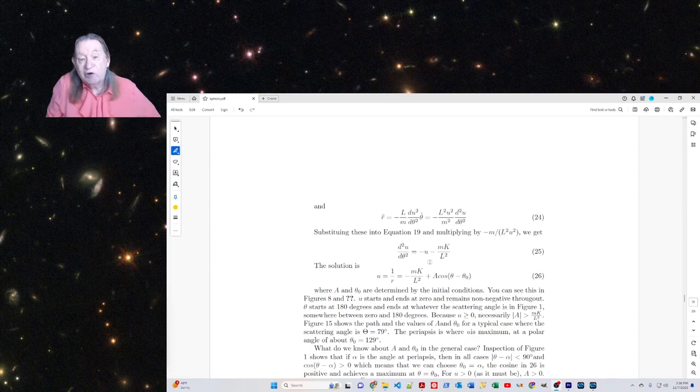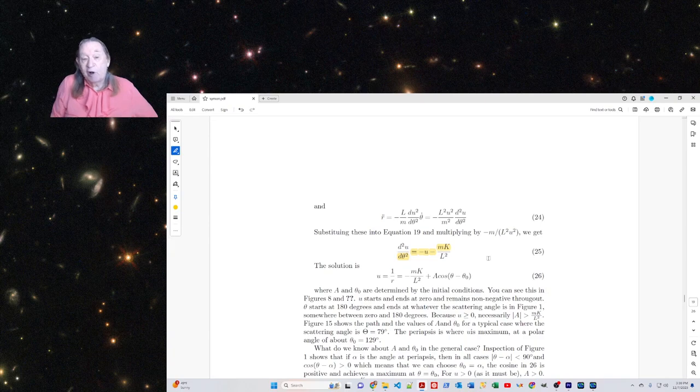Putting that into our Newton's second law of motion, into equation 19, and multiplying by minus m over L squared u squared, we get equation 25, which might be familiar to you. It's basically the formula for the motion of a mass hanging on a spring, and so it's an oscillatory solution.